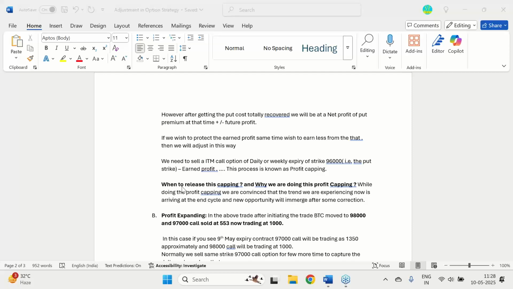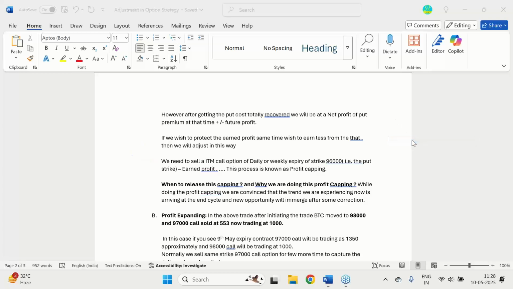So what we are saying here is, maybe at the end of this trend, we have 3,500 points we have already gained. We want to cap it. We want to protect it. We want to restrict it.